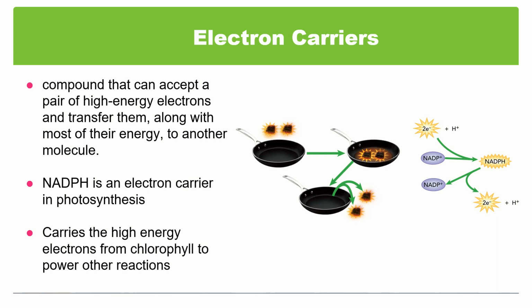But then you can break off the electrons and hydrogen, and you're left with the low energy form, which is NADP+. And then when you need to carry the high energy electrons again, take the NADP+, add the electrons, add some hydrogens, and you can store it back as NADPH.